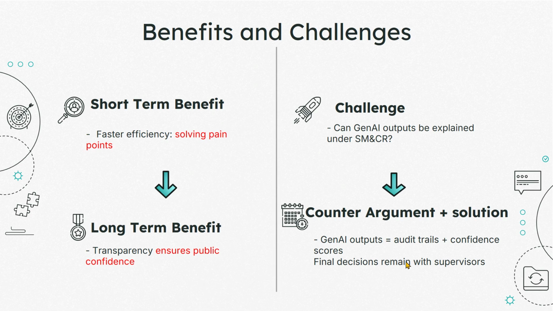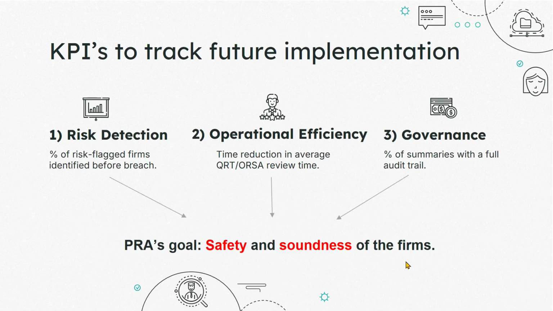But what about specific challenges, for example regulatory scrutiny? How can we deal with that? Well, there can be specific controls implemented, such as audit trails or confidence scores, to ensure that there is efficient monitoring, which moves us on to the implementation.